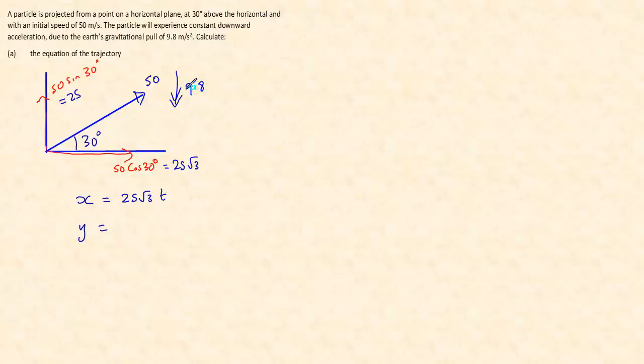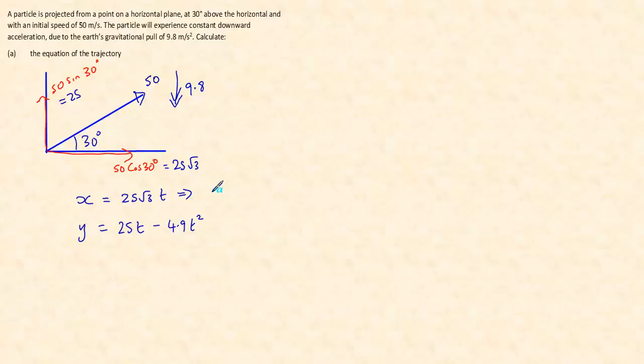Vertically we have this acceleration, which is downwards, so we can use ut plus a half at squared. So that's going to be 25t, take away half of 9.8, 4.9 t squared.